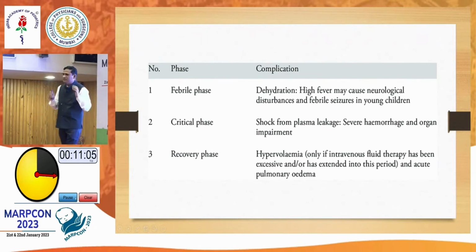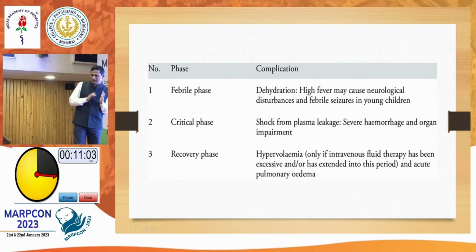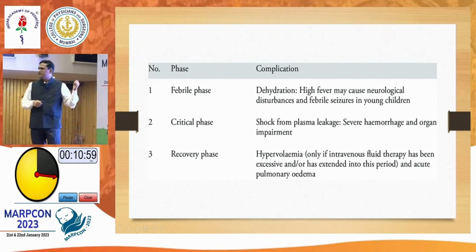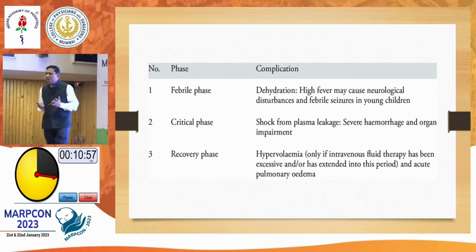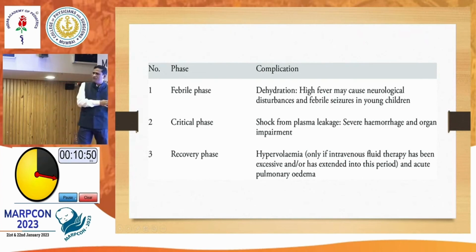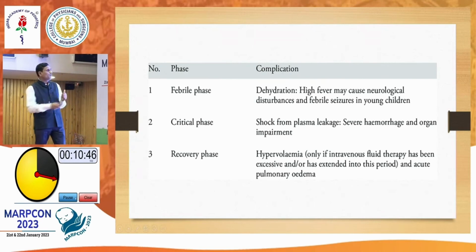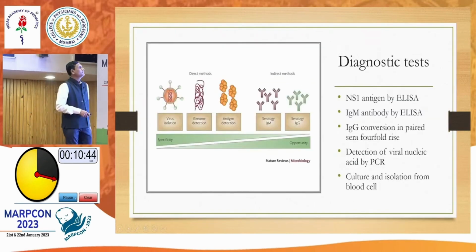In the critical phase, there is plasma leak, hypovolemia and shock. Sometimes in the critical phase, the child presents with severe hemorrhages and severe organ involvement. In the recovery phase, extravascular fluid is absorbed into the intravascular space. If the child is overloaded, sometimes they go into pulmonary edema.